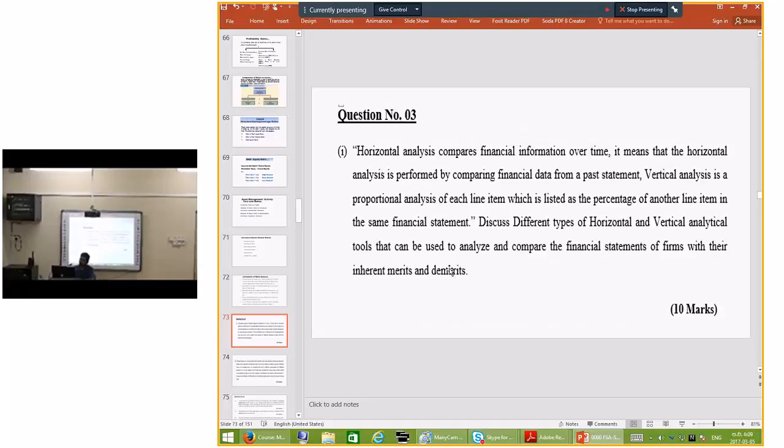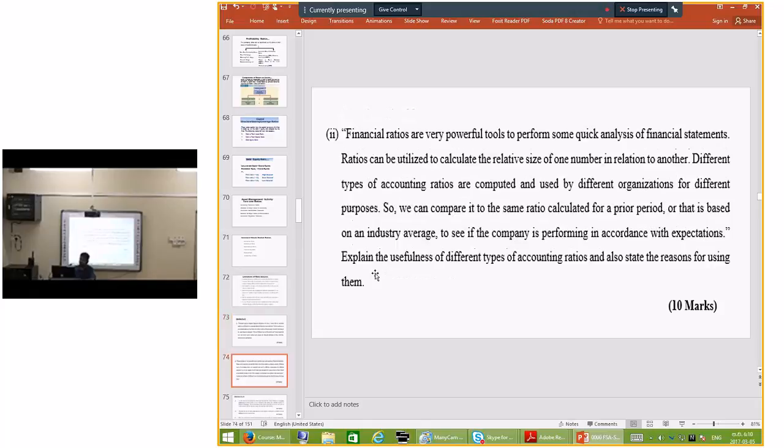Vertical analysis is the proportional analysis of each line item, which is listed as a percentage of another line item in the same financial statement, right? That is one of the key definitions. Now the question asks you to discuss different types of horizontal and vertical analytical tools that can be used to analyze and compare the financial statements of the firm, with their inherent merits and demerits.